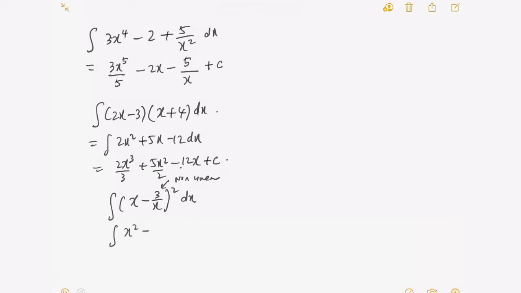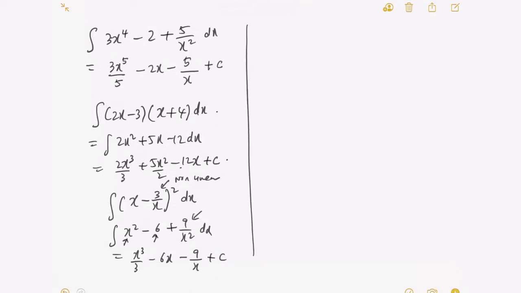This will be a squared, 2ab, which is 6, right? And then b squared, 9 over x^2. So when I integrate one by one, I get x^3 over 3, 6x minus 9 over x plus c. I hope you know this is using the ax^n. This is involving constant, the first one, and this is the one involving reciprocal, the third formula.